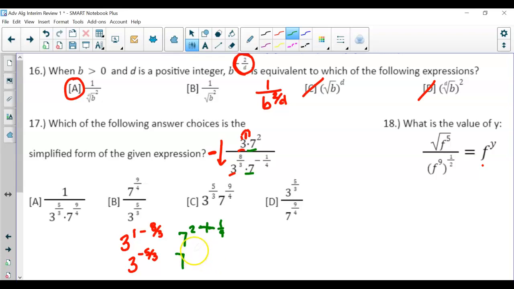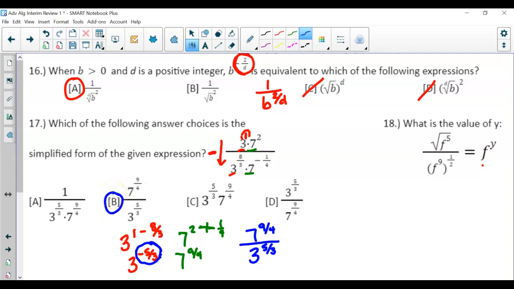This is going to give you 9/4. Was this our final answer? Well, no, because we have a negative exponent. So again, that means we're going to have to get that fraction answer here to reciprocate. So what goes in the bottom, the base 3 or base 7 or both? Just base 3, because only 3 has the negative exponent. Leave 7 in the numerator. That's why the answer here is B.